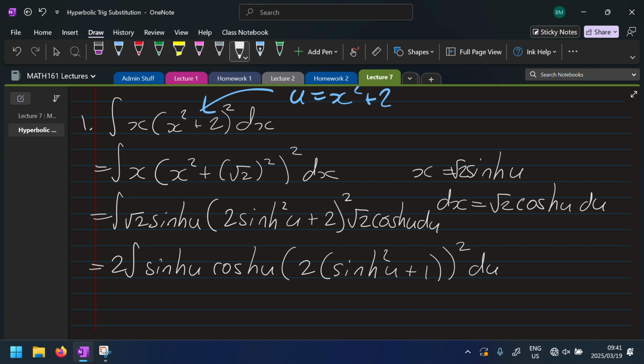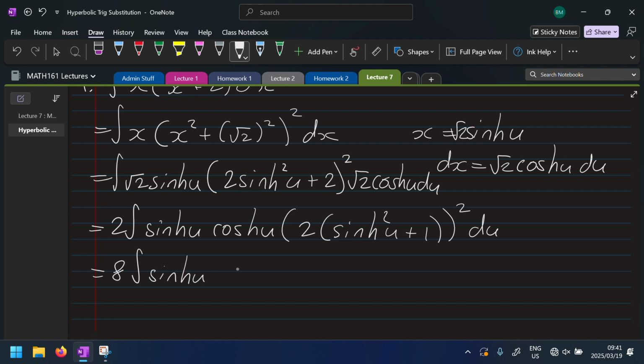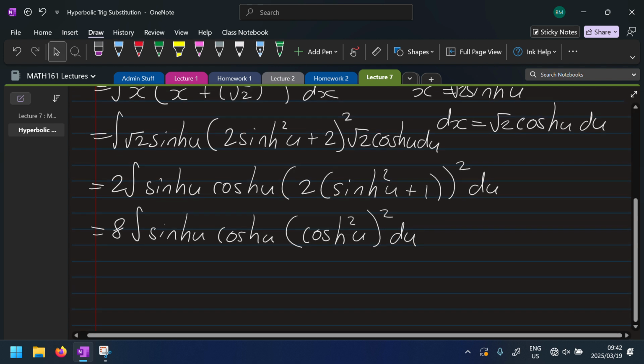That will end up being a 4, so we can take that out, so that will be an 8. Inside we're going to have sine hyperbolic squared plus 1. That's going to give us cos hyperbolic squared. So we end up with that.